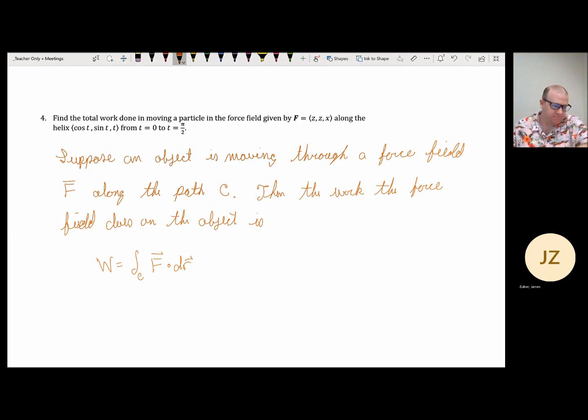Well, that now leaves the question, how do you evaluate the path integral of a force field, of a vector field? Because we just did scalar functions.